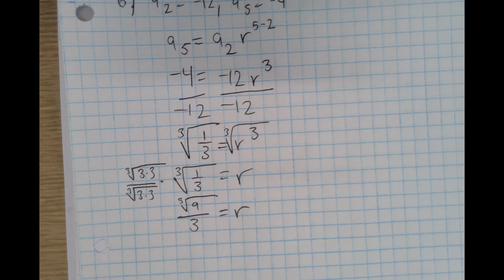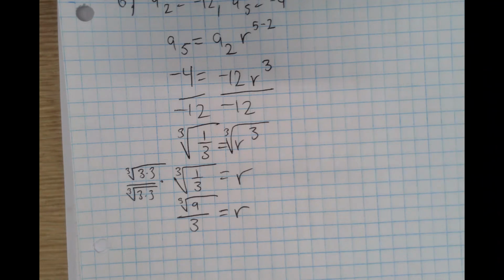Okay, so normally, remember on the notes that I would solve for a of 1, and then I would go from a of 1 and solve for a of 6 or a of 7 or whatever, whichever term I'm solving for. But because my r only has one value, I don't necessarily need to solve for a of 1. I can just jump straight to a of 6. If you remember, a of 6 is after which term?